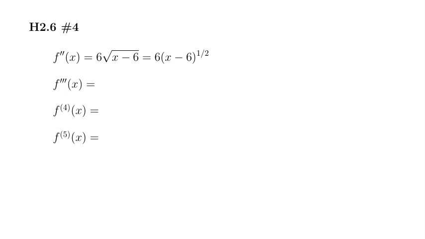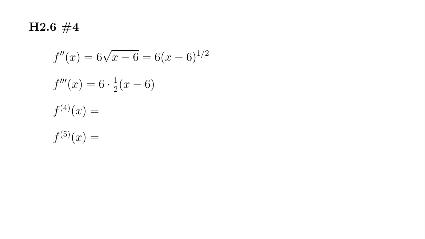There's going to be a 6 there, so we put 6. Then we multiply by 1/2, putting the power in front, and keep the same quantity, which is x minus 6.